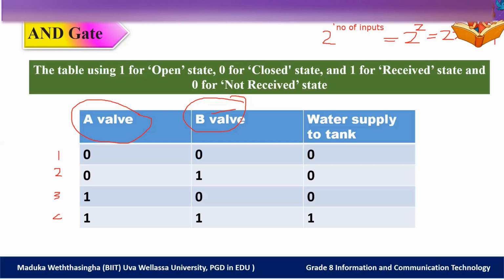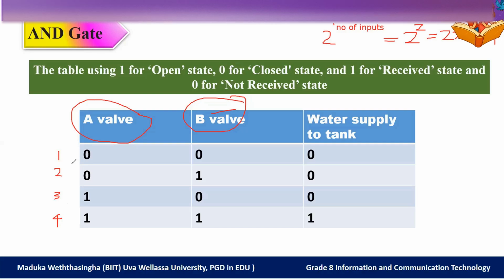In this AND gate, there are 2 inputs. So, how to find the situations? 2 to the power 2 means 4 situations. If you want, you can write it. This is not in your lesson, it is not in your syllabus, but this is how we can find the number of instances, number of situations.